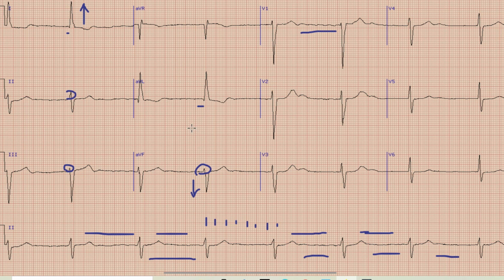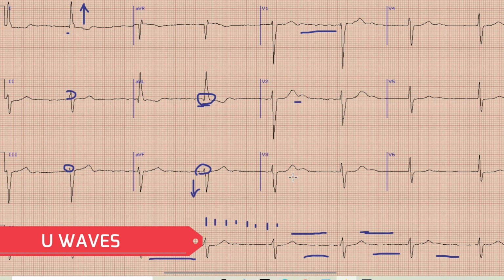Also, the duration of the QRS complex is around 110 to 120 milliseconds. Another thing which we can note, especially in lead V2 to lead V4, is the presence of U waves after the T wave.